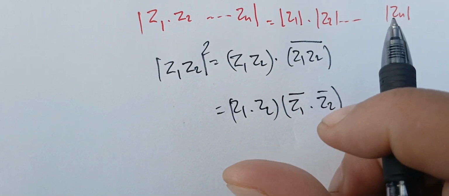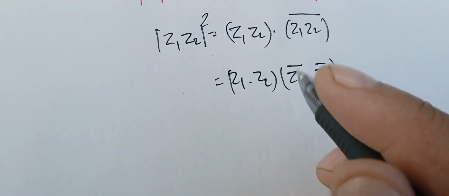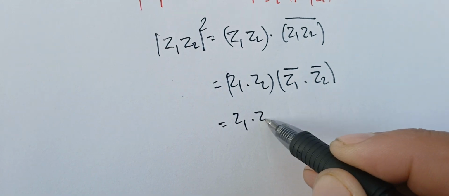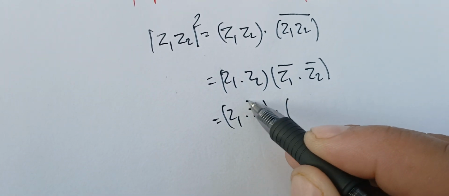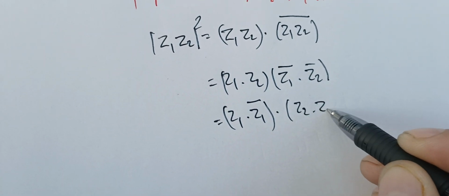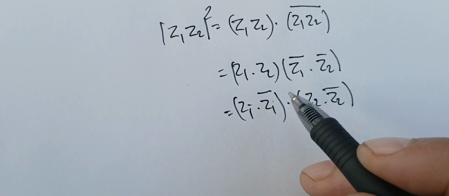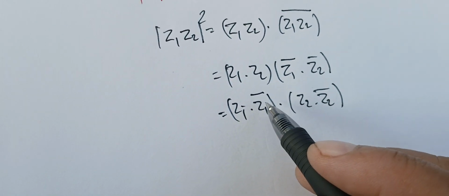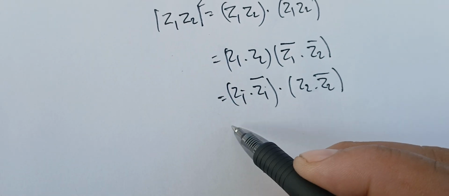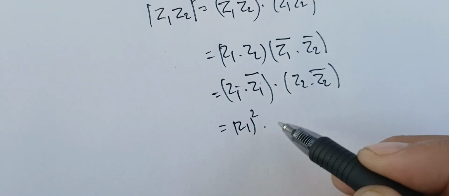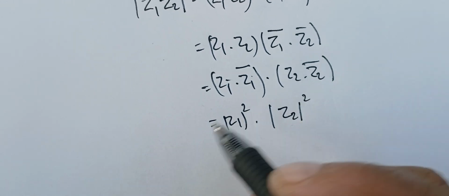Since the product is commutative, we can rearrange to z1 times z1 bar, times z2 times z2 bar. By definition, this is just the norm of z1 squared, and this one is the norm of z2 squared.